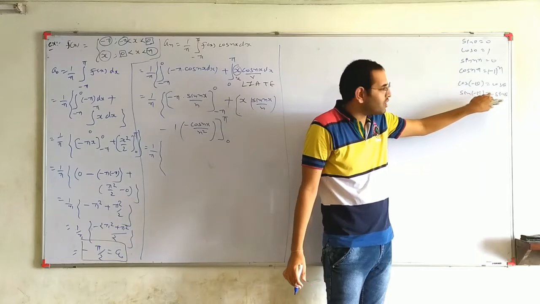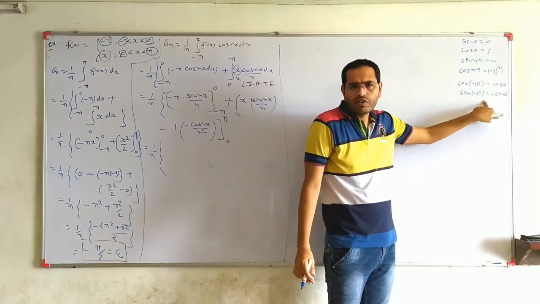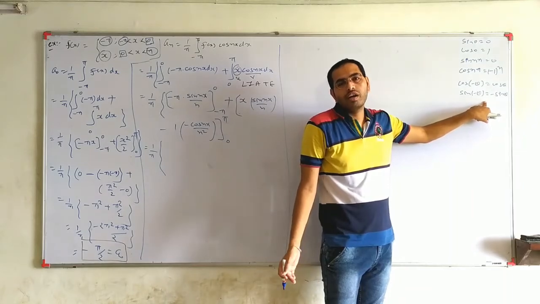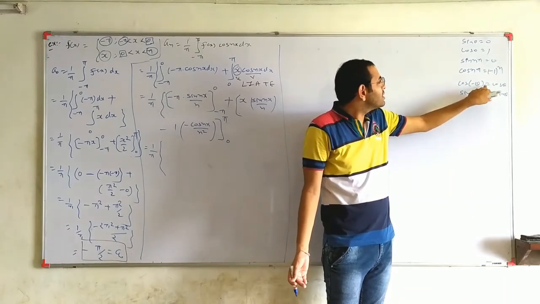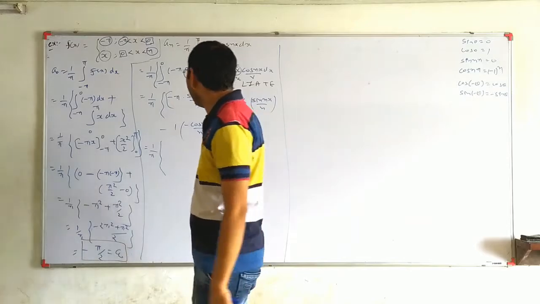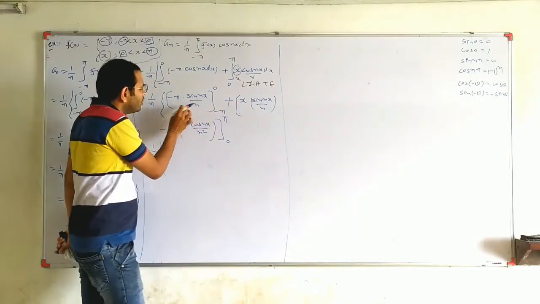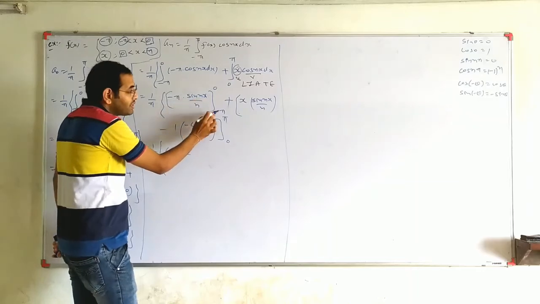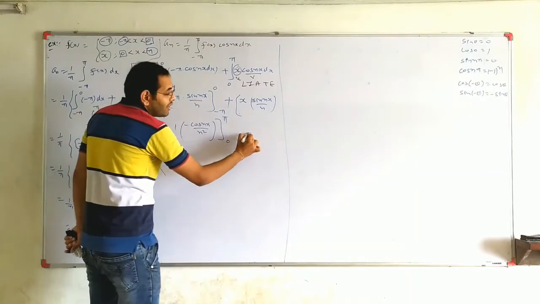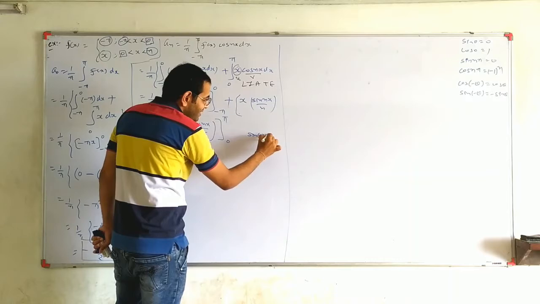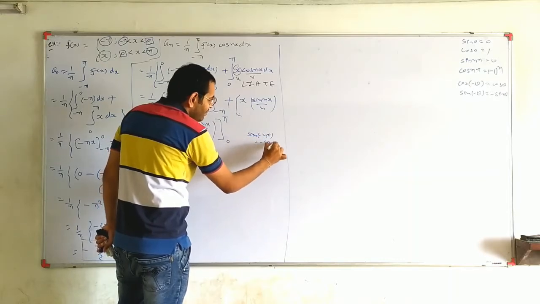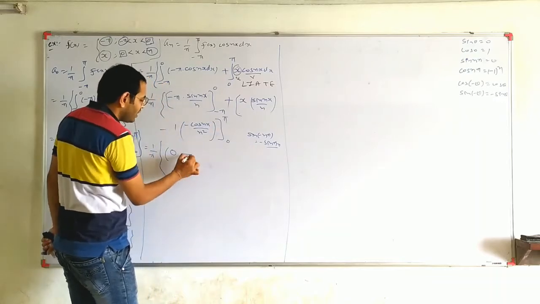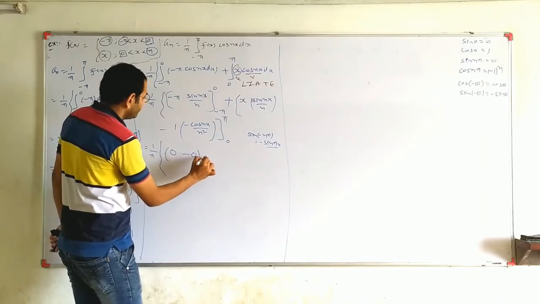Cos is an even function and sin is an odd function, which you have all already learned in earlier standards in 11-12 science. Now sin 0 is 0, 0 into anything is 0, minus sin of minus n pi gives minus sin n pi, but the value of sin n pi is 0, so 0 into anything is 0.